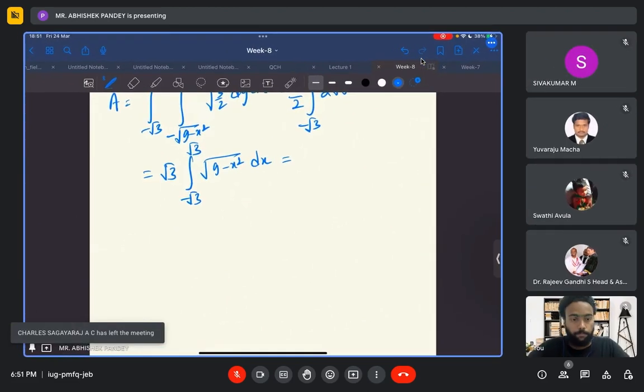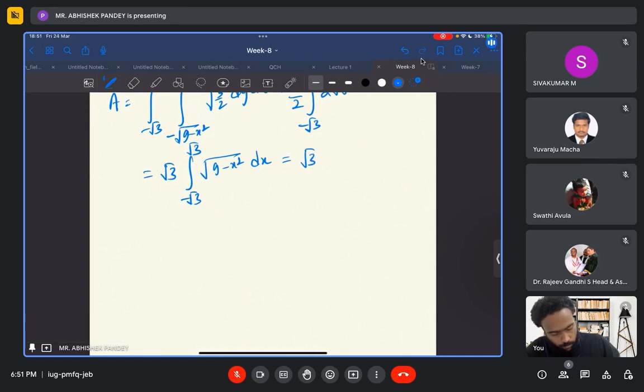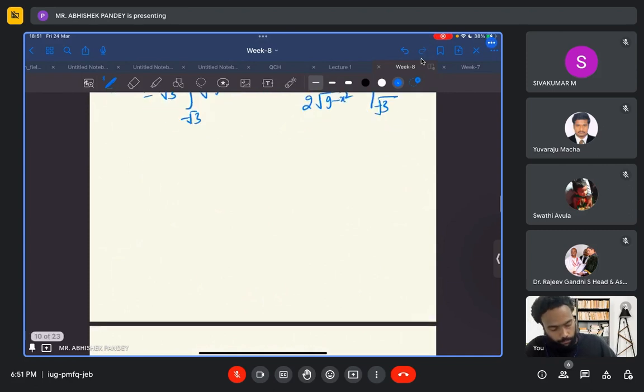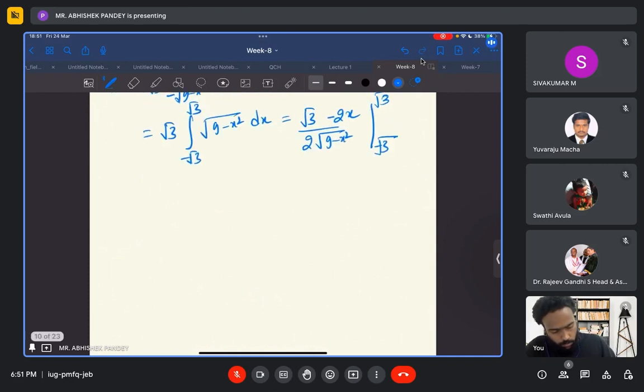Okay, so under 3, 1 by 2 root over 9 minus x square into minus 2x, x from minus 3 to 3. Okay, so now 2 to 2 cancel out.